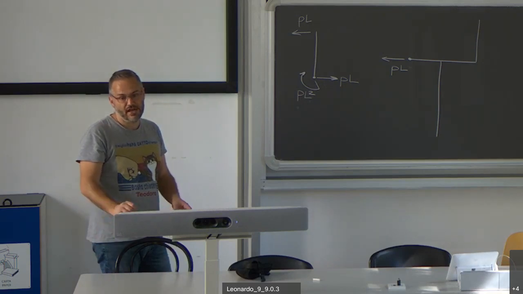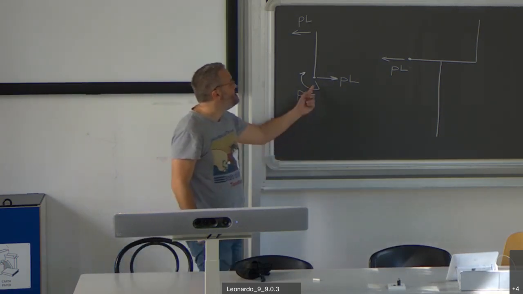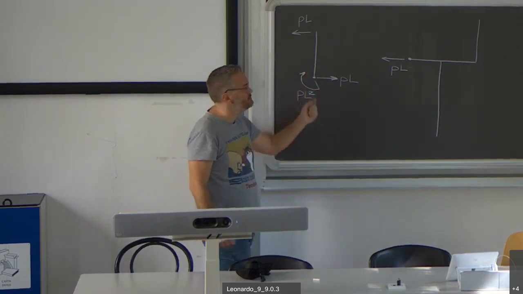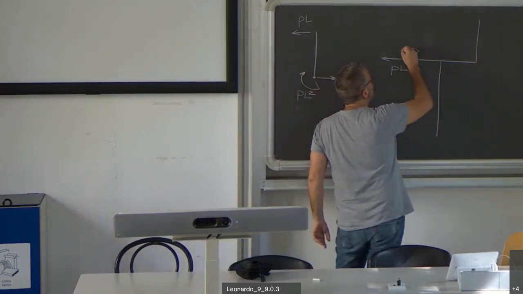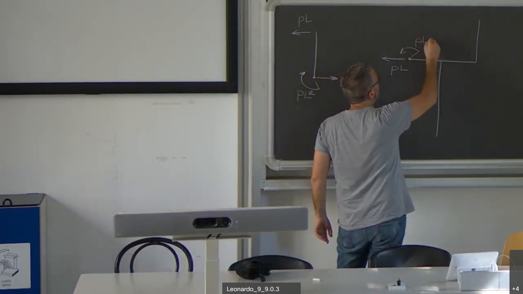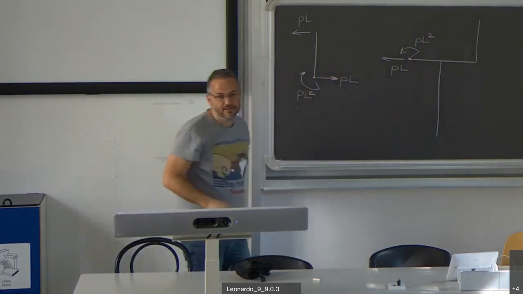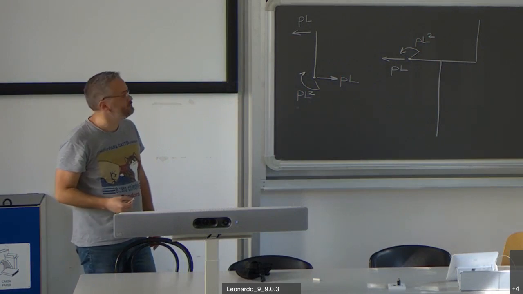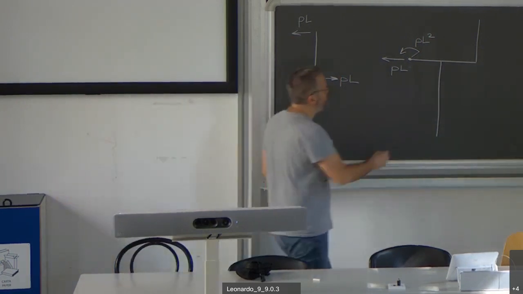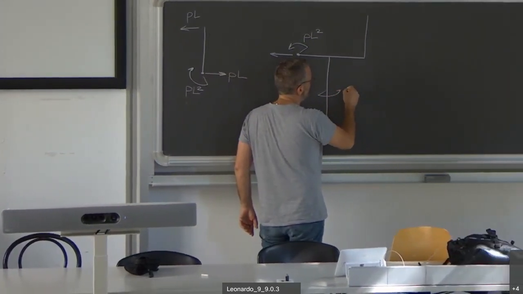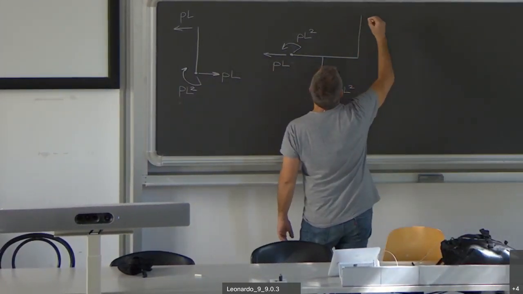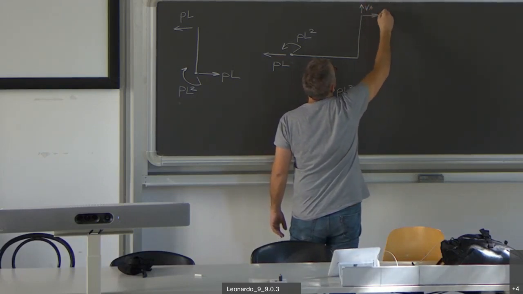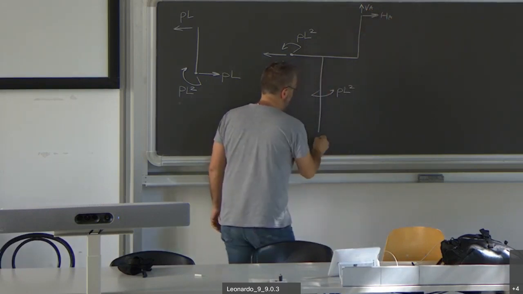Principle of action and reaction. And if here you have a bending moment which is PL squared clockwise, I will have here PL squared, which is counterclockwise. Principle of action and reaction. And then here another PL squared. Here the two reaction forces, VA, HA, and here you have VB.